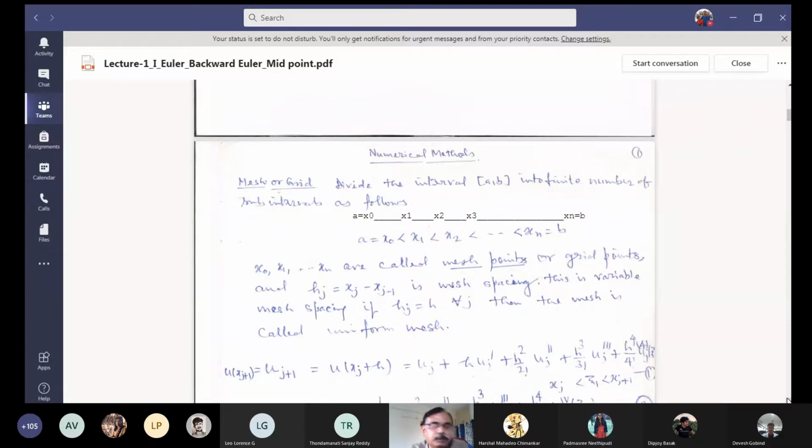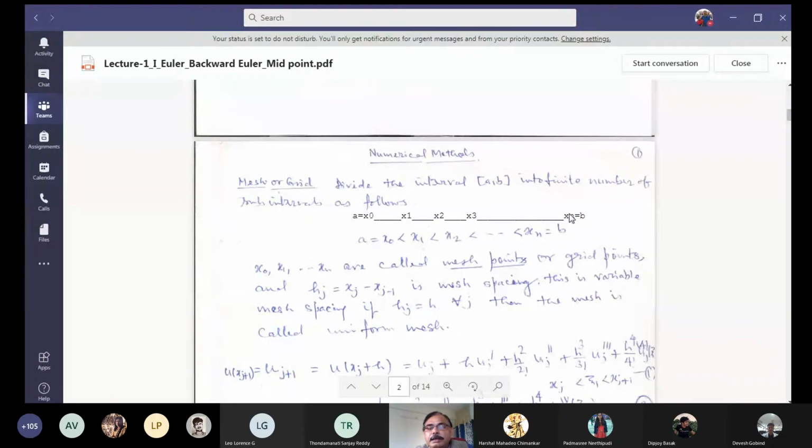Once we are not able to get the exact or analytical solution, we go for the numerical solution. The very first thing we have to do is subdivide the domain of a problem into certain subdomains.